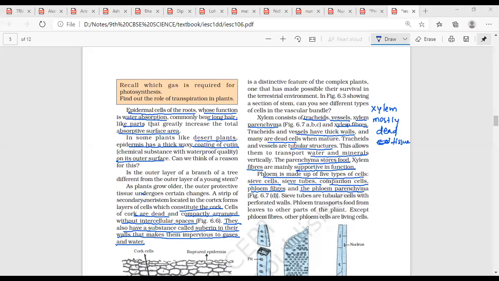I'm making my own sentences. Okay. Transportation of water in xylem needs a simple physical force called transpiration pull. Transport of food in phloem requires energy in the form of ATP.